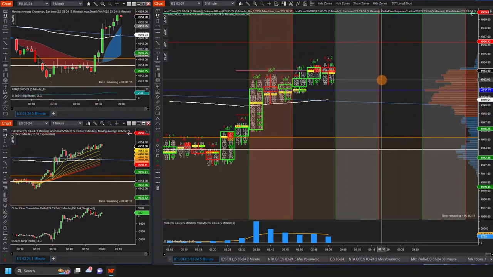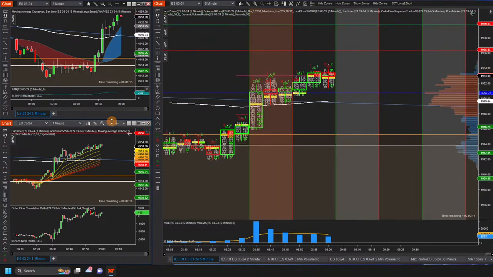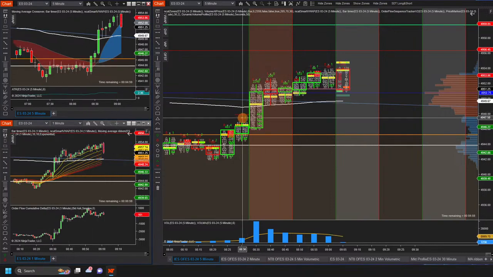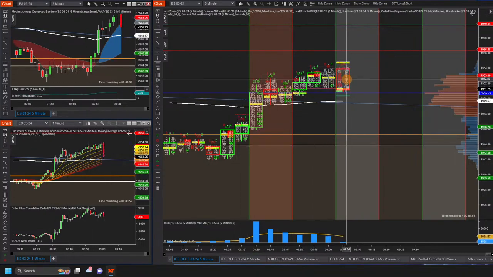Well, this is part of it, I guess, just sitting and waiting for your levels to break. I'm just riding that 10 exponential moving average for the time being on that 1 minute. Straight up. There we go. There's a little bit of movement.